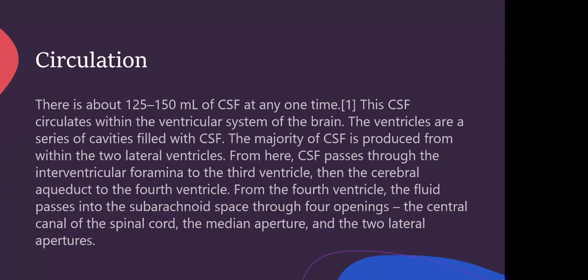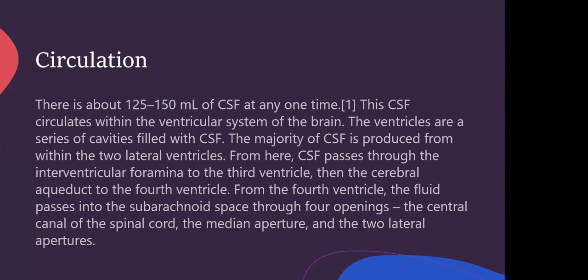Circulation. There's about 125 to 150 milliliters of cerebrospinal fluid at any time. This cerebrospinal fluid circulates within the ventricular system of the brain. The ventricles are a series of cavities filled with CSF. The majority of CSF is produced from within the two lateral ventricles.